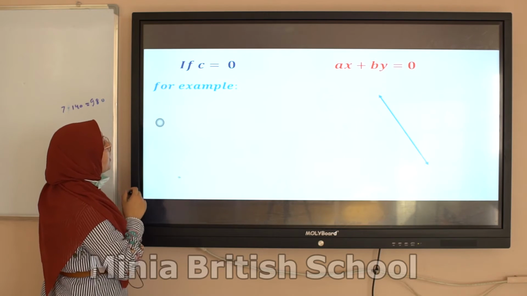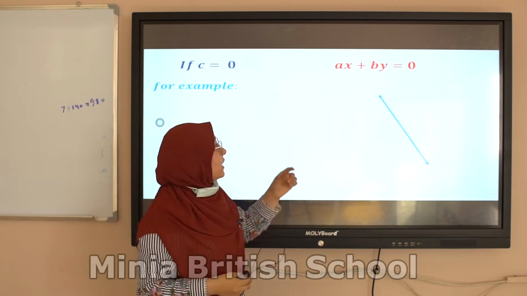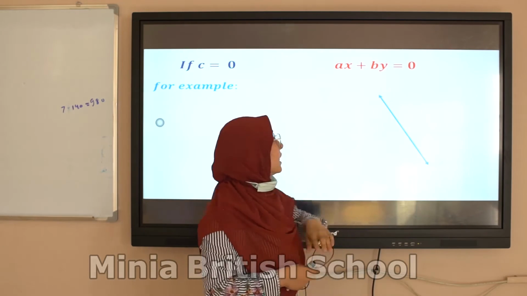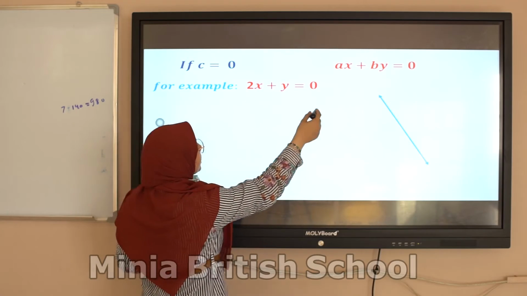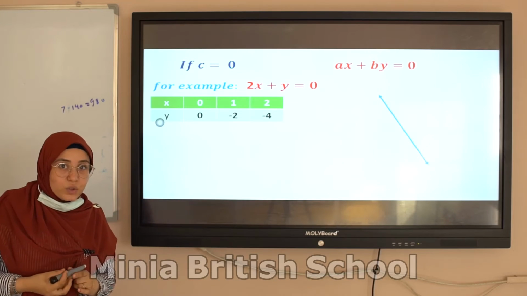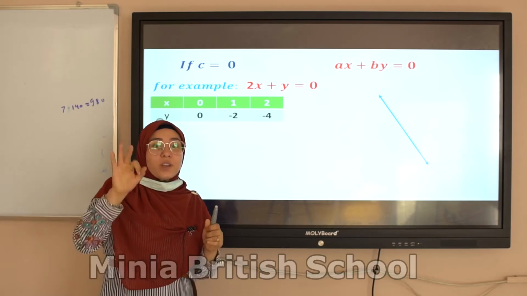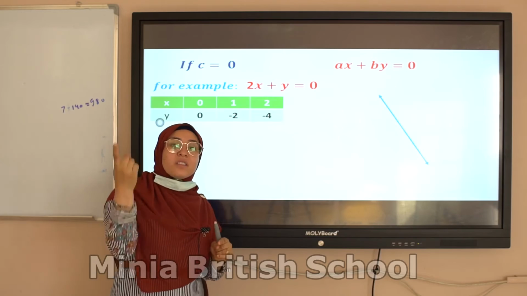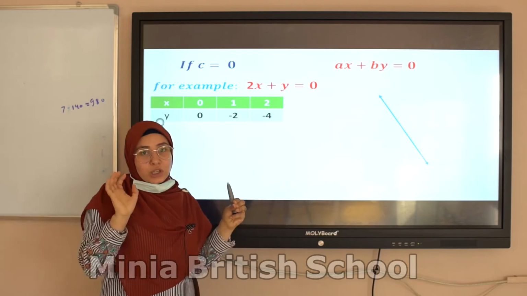Now, here I have c equals 0. I said the relation ax plus by equals 0 when c equals 0, okay? For example, 2x plus y equals 0. To represent this relation graphically, we must have at least 2 ordered pairs, and I will find a third ordered pair to check that all points are on the same straight line, okay?